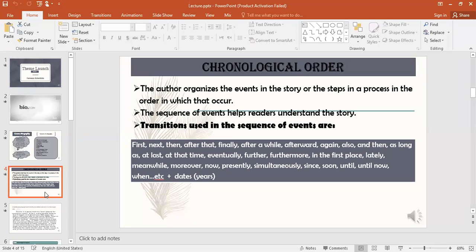We also talked that usually the author organizes the events in the story in order. And this is what happens, especially in biographies, when the author uses dates in order to organize the ideas from the beginning to the middle to the end. This is what we call a chronological order.